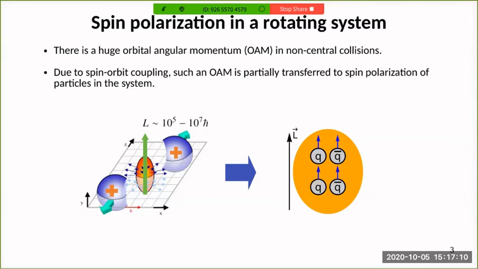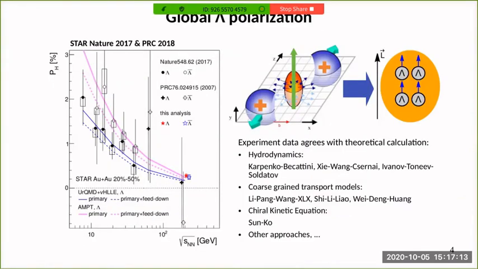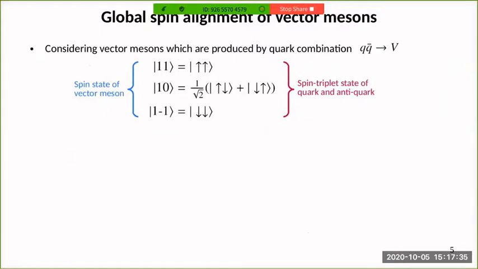And as you know, STAR has measured the global lambda polarization, and experiment data can agree with the theoretical calculations by different approaches. In addition to the lambda polarization, another particle, the vector mesons, can also be used to study the connection between system rotation and particle spin.